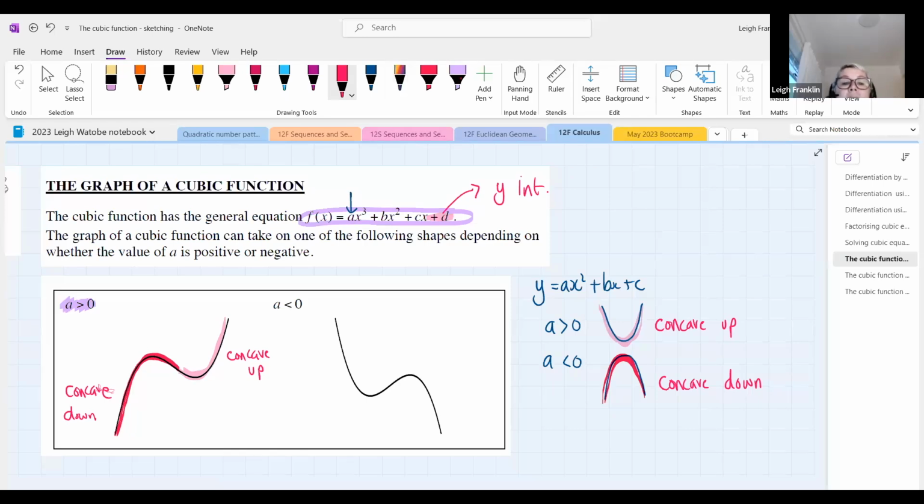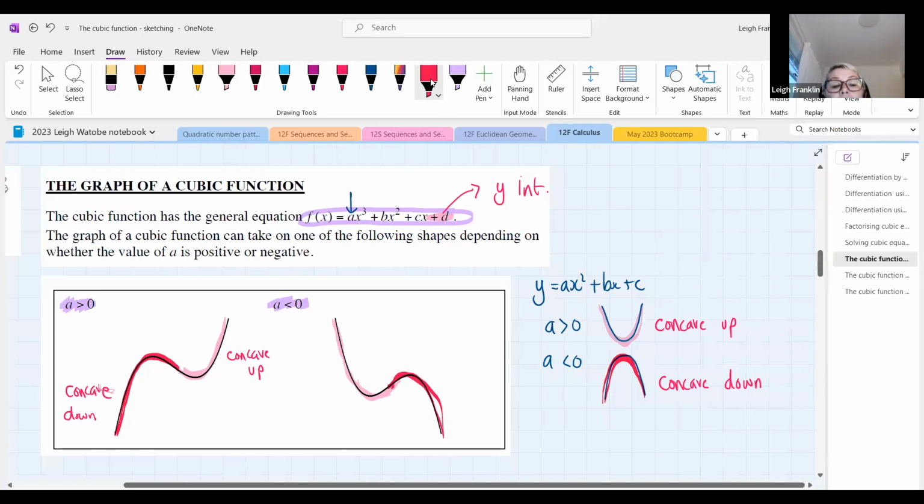When a is negative, in other words, when the coefficient of the x cubed term is negative, the graph changes its shape. It is first concave up, as I'm highlighting on the screen now, and then it becomes concave down.